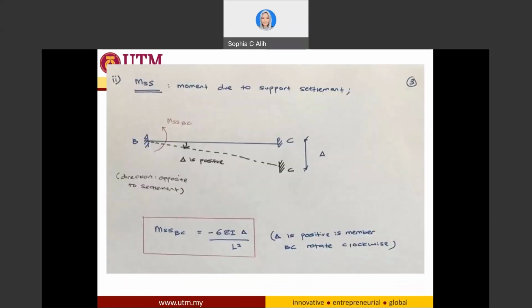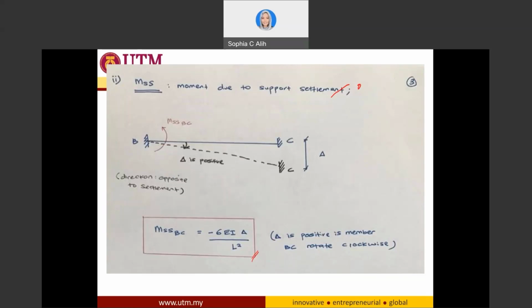Now, if I want to calculate moment due to support settlement, what is it? It only happens if any part of the support of your beam has settlement. If there is no settlement, then this part you can ignore. But if in the condition of your beam there is a settlement, then you have to include this equation.